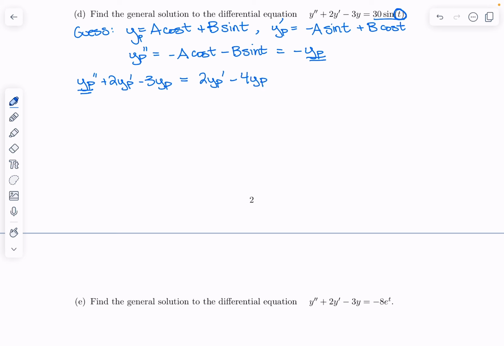And this will just make it easier to substitute in. Okay? So what is that going to end up being?